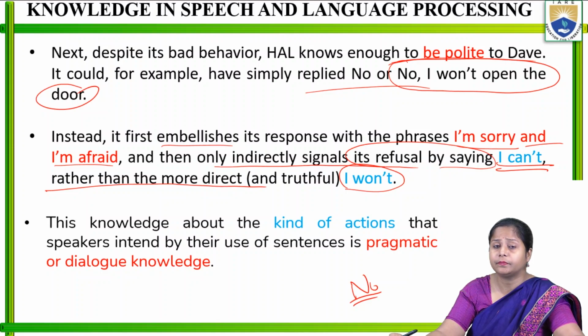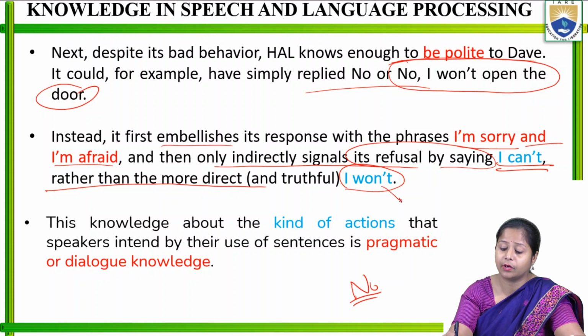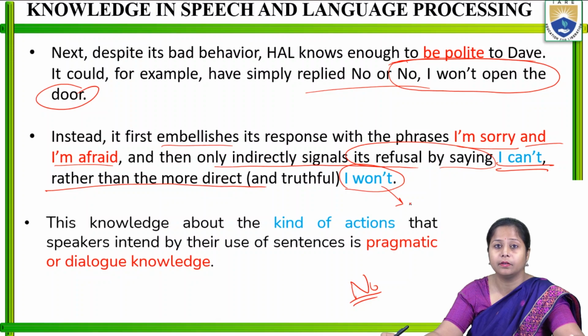But if the machine just interprets it as "I would not," it will be the more right word for that particular interpretation. Why? Because this is more truthful and direct. So likewise, the interpretation should be there in the form of the answer.